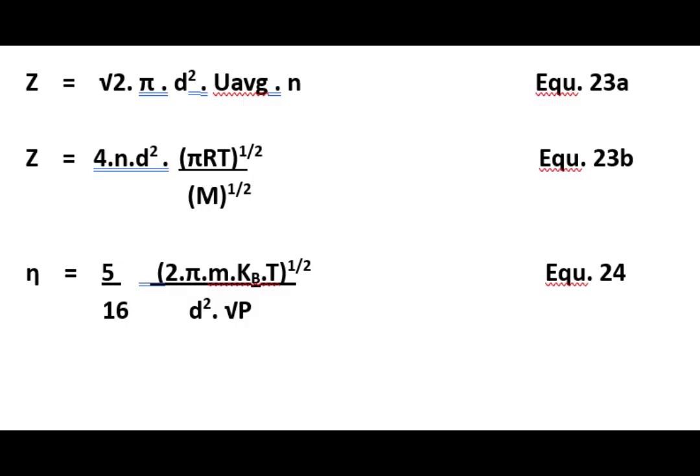The physical parameters, as shown in equation 24, for the coefficient of dynamic viscosity are: eta equals dynamic viscosity in Pascal second or kilogram per meter per second. m equals molecular mass of a gas molecule in kg. kB equals Boltzmann constant, 1.38 times 10⁻²³ J/K.